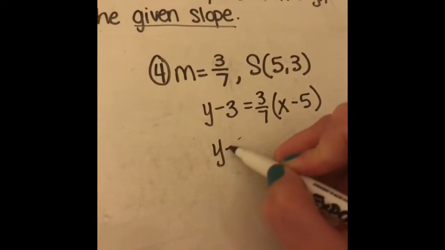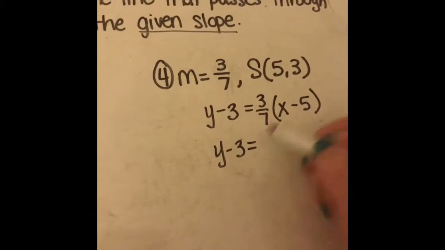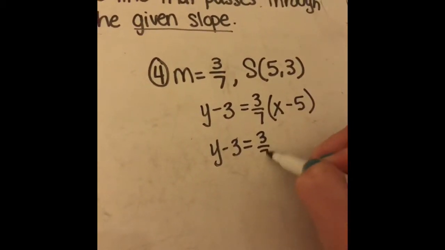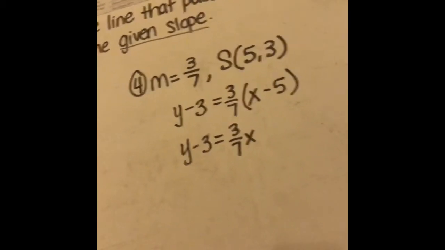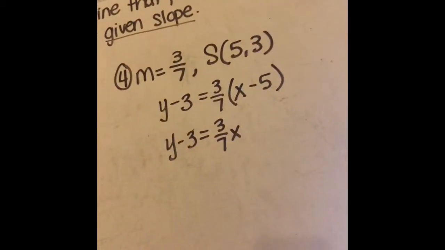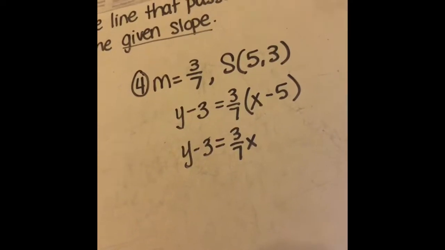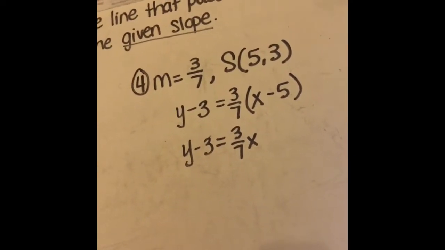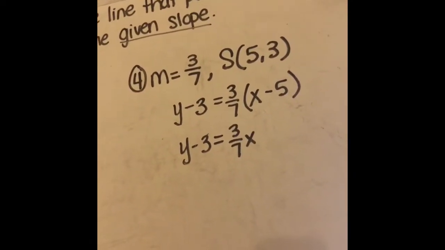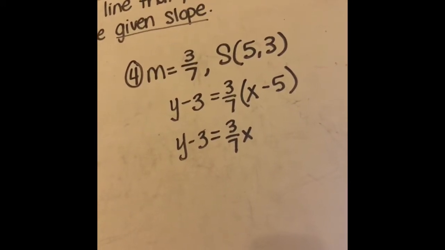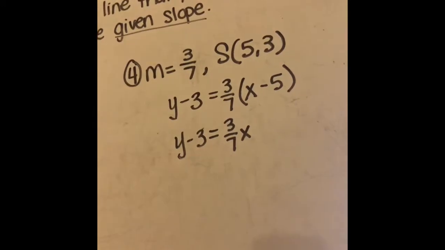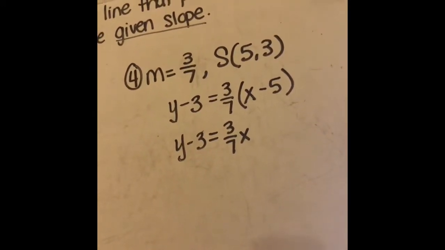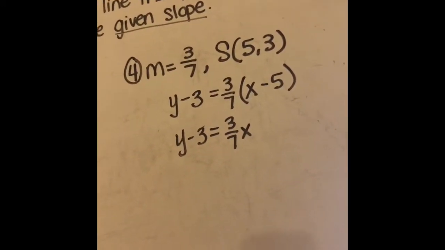So y minus 3 equals 3/7 x, and then I am going to use a calculator here. All right, so what do we have? It is 3/7 times negative 5, and that is negative 2 1/7.